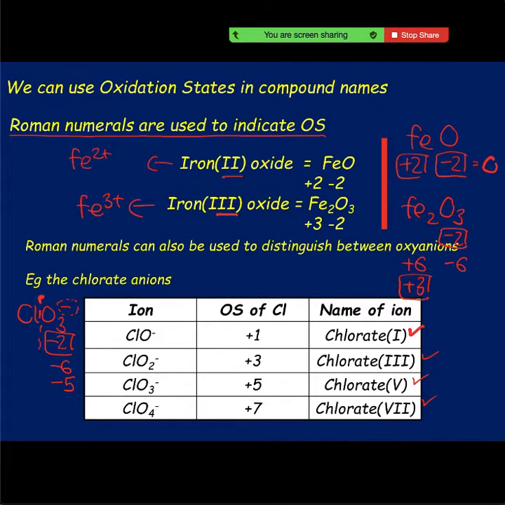So if this whole right side is -5, then the other side has to be +5, because these two numbers together, when you add them, add to 0. If we put the +5 in here and we add these together, they leave us this -1 up here. So if they give you a charge, you have to take that into consideration. But this is the oxidation state of chlorine in ClO3-.